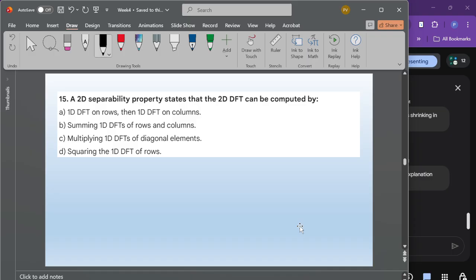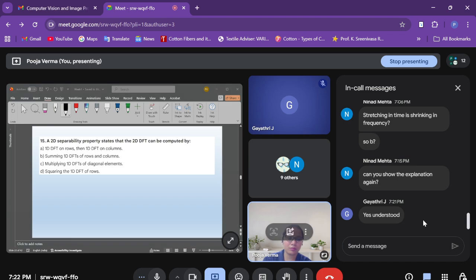Option D is squaring the 1D DFT of rows. Which option is the correct one?